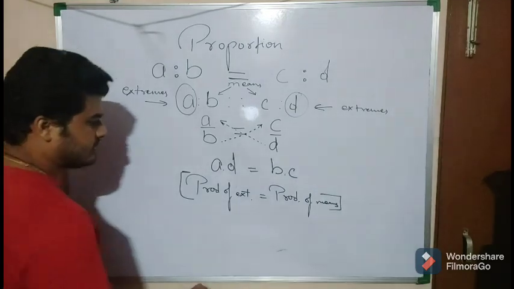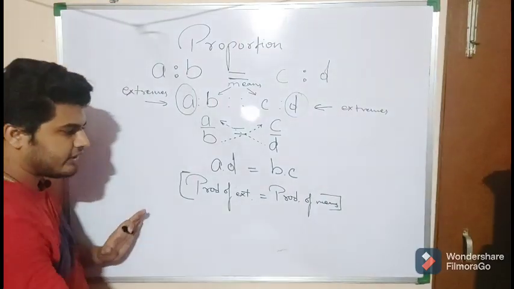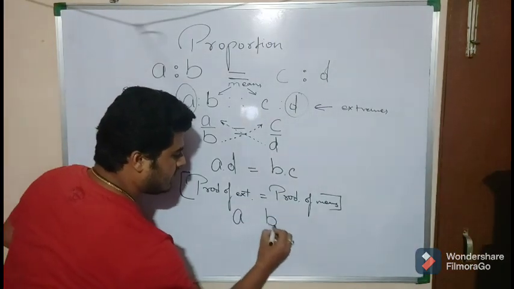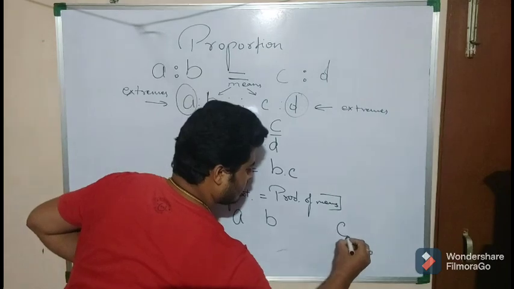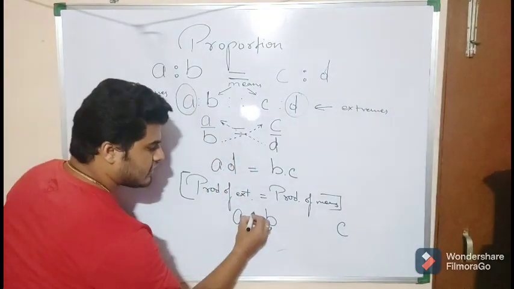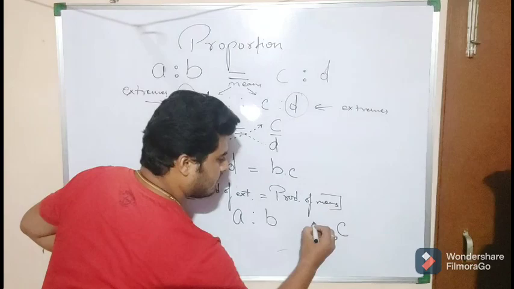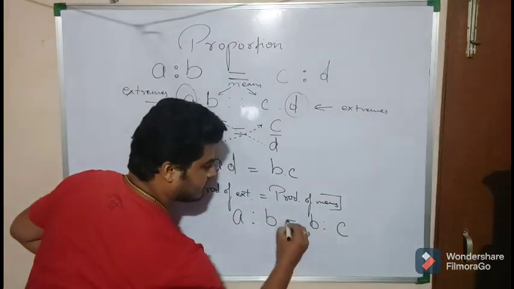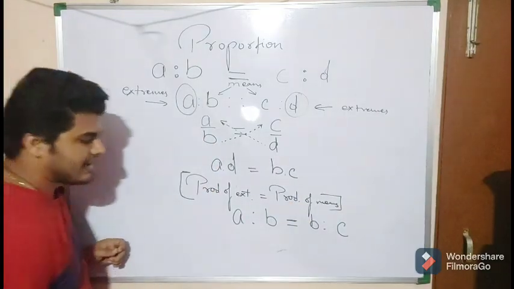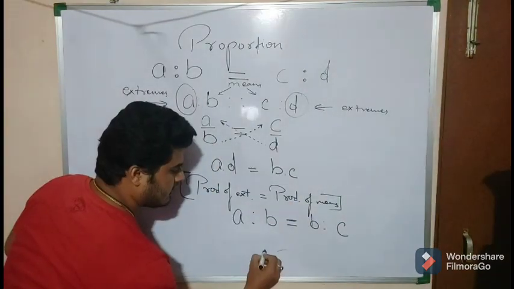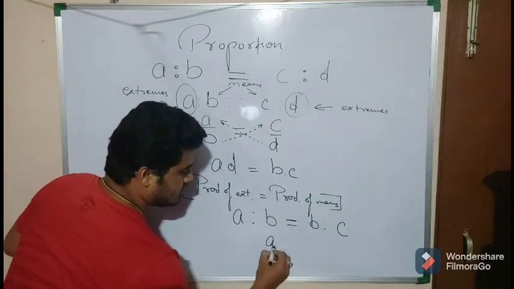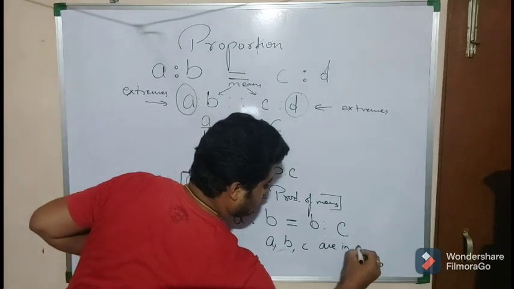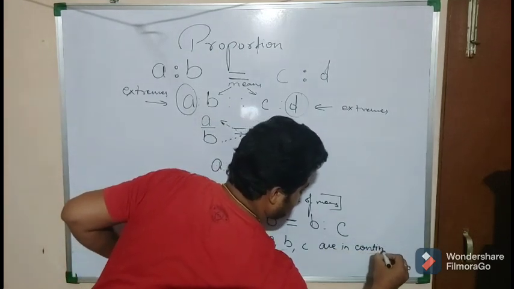Then if suppose there are three quantities, now it's a totally different case. There are three quantities, one is A, one is B and one is C. So if A ratio B and B ratio C are equal to each other, then it is said that A, B, C are in continued proportion.